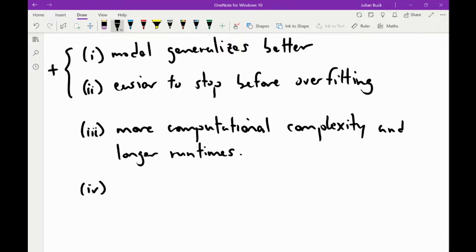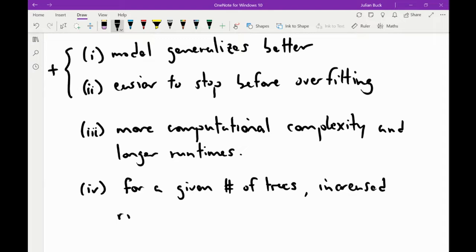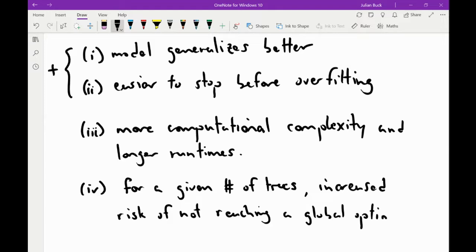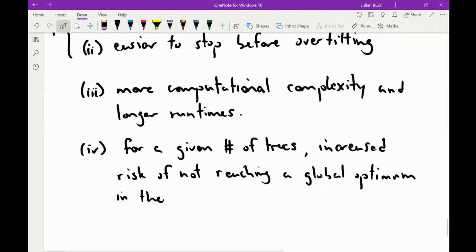Okay, so for a given number of trees, if you fix this, and the learning rate is too small, there may not be enough steps provided to optimize. So for a given number of trees, you get an increased risk of not actually reaching a global optimum in the gradient descent algorithm.